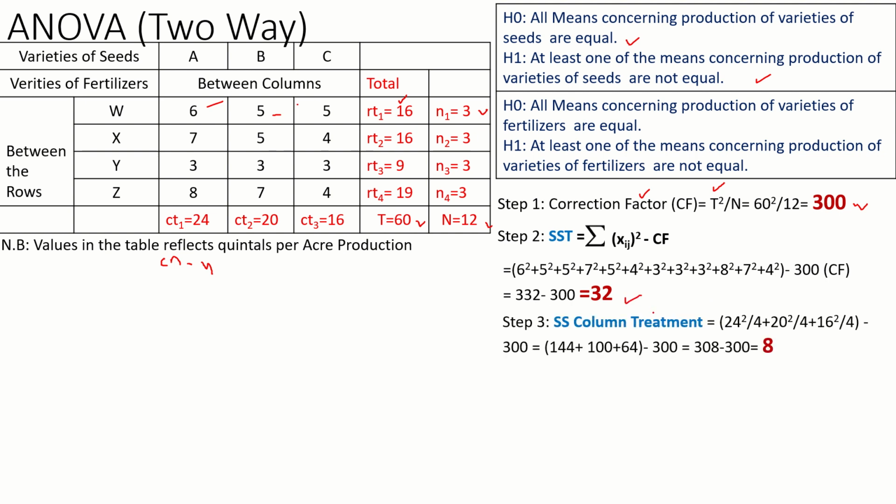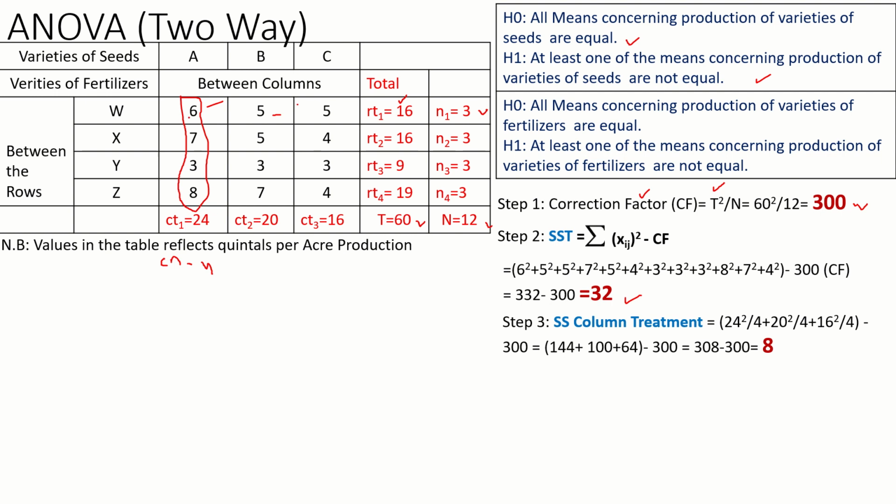Next step: earlier we had done just the row-wise treatment, but here, since we have taken two factors, we will take both row-wise and column-wise. This is the column total, 24.